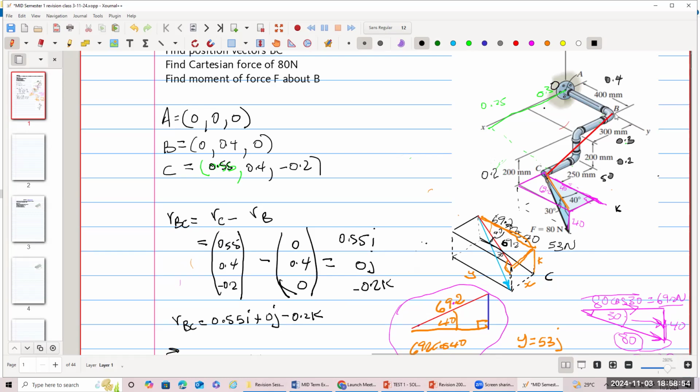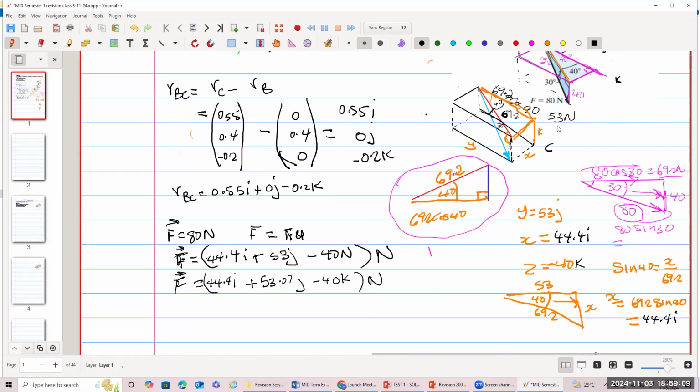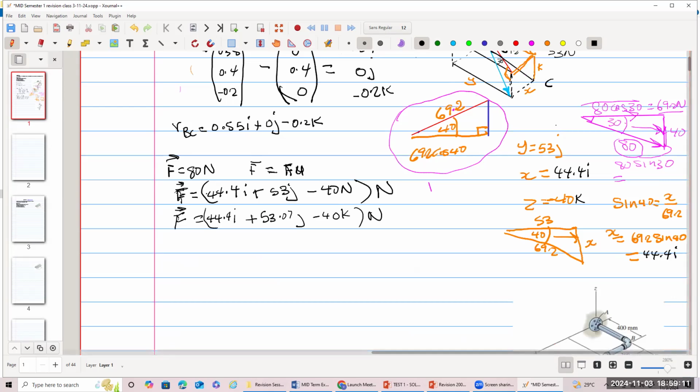Once you have the position vector R, what kind of product are we using? We can't use our regular scalar moment. What's the formula? Moment is equal to R cross F. So we are using the cross product.